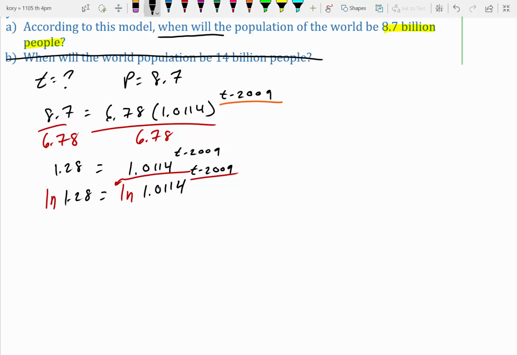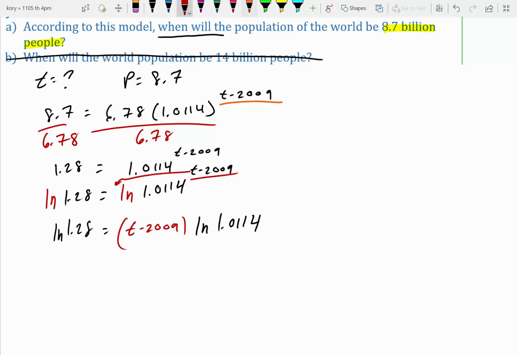So yeah, let's put it in front. We have ln 1.28 equals t minus 2009 times ln 1.0114. Now what? Yep, we're going to distribute.